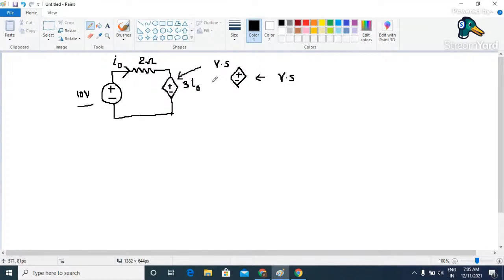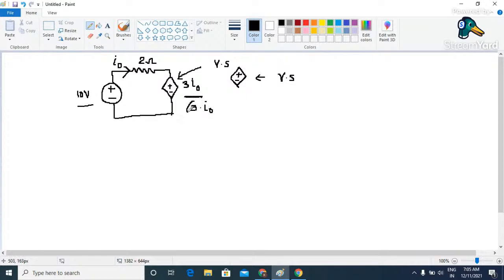Now we need to identify on what parameter the value of this voltage source depends, whether it is controlled by a current in the circuit or by a voltage in the circuit. From this we can easily identify the nature of this voltage source. See, the magnitude of this voltage source is specified as 3 into I naught.